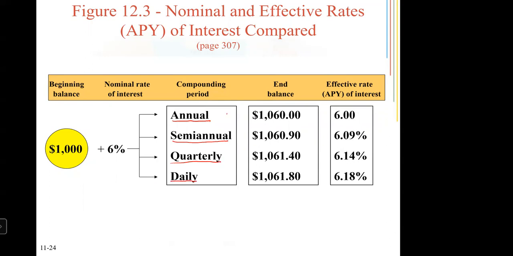So 1, 2, 4, 365. Look at the amount you earn. You have $1,000, you're getting 6% in each case, but look at the differences. Look at the differences in the effective rate. What is that showing us?